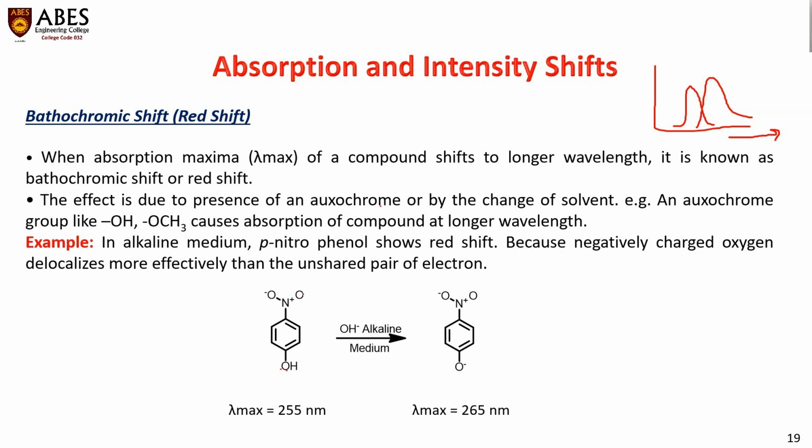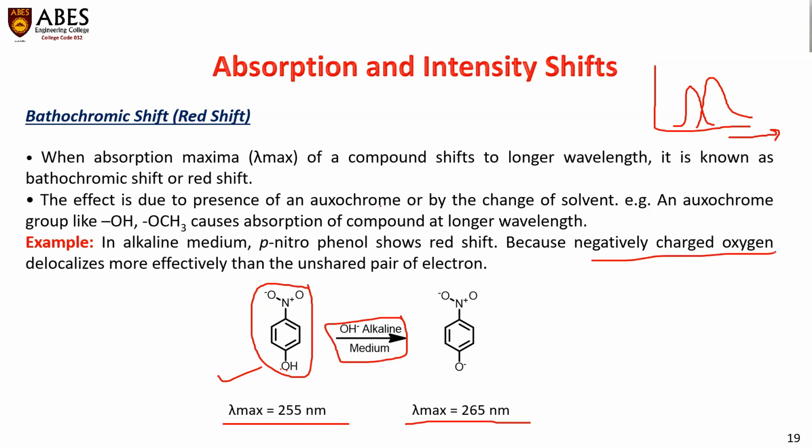For example, in paranitrophenol the absorption maximum is at 255 nanometer. When we record the absorption maximum in alkaline medium, it shifts to a longer wavelength because the negatively charged oxygen delocalizes more effectively than the unshared pair of electrons. That means in alkaline medium, the absorption maximum shows the bathochromic shift.